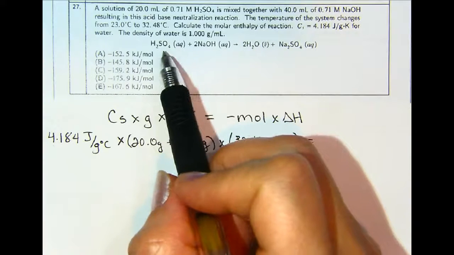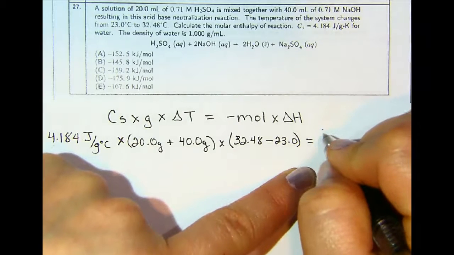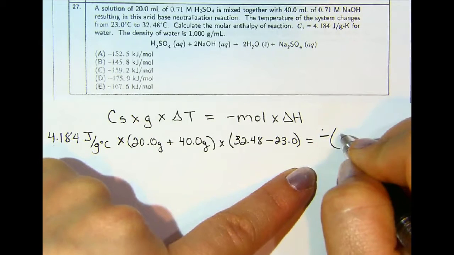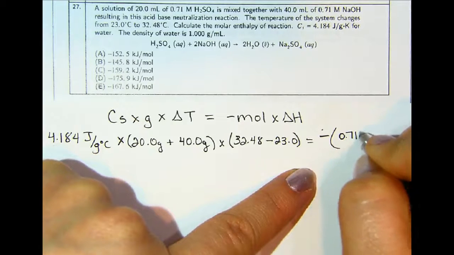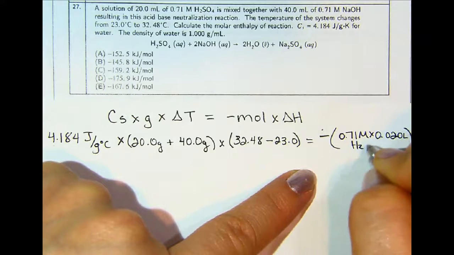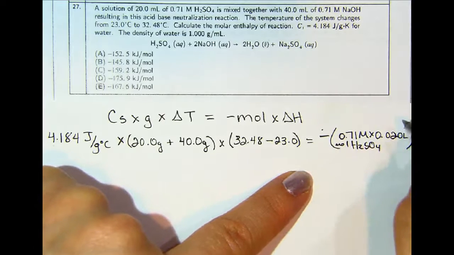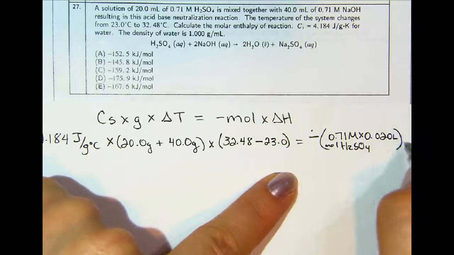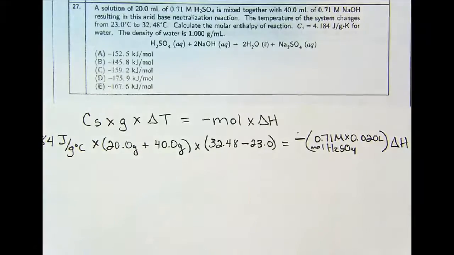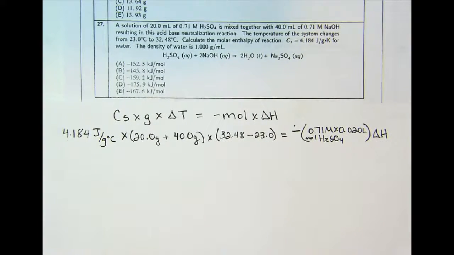So we're going to go with sulfuric acid here, and we'll say there's a negative and 0.71 molar times 0.020 liters of H2SO4, and this gives us moles. And what I'm trying to find is the delta H.